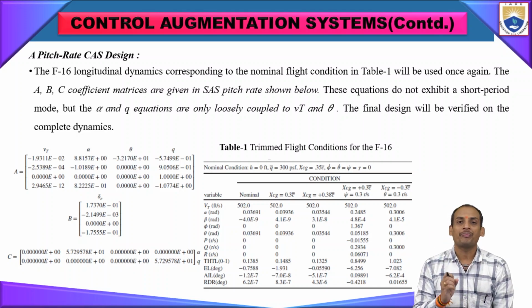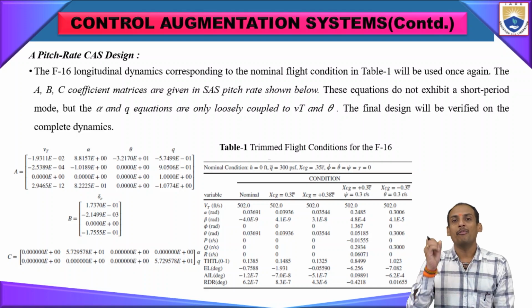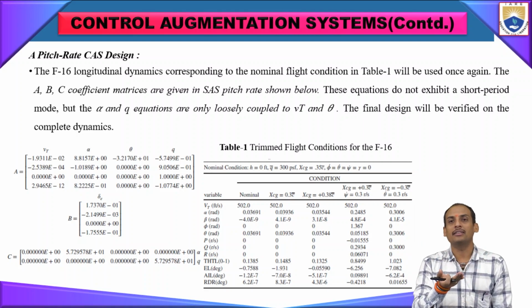But what is the difference between the SAS system and the CAS system? In general words, the SAS system makes the aircraft stable. If it is going into an unstable condition, the SAS system helps bring it back to a controlled, stabilized condition.